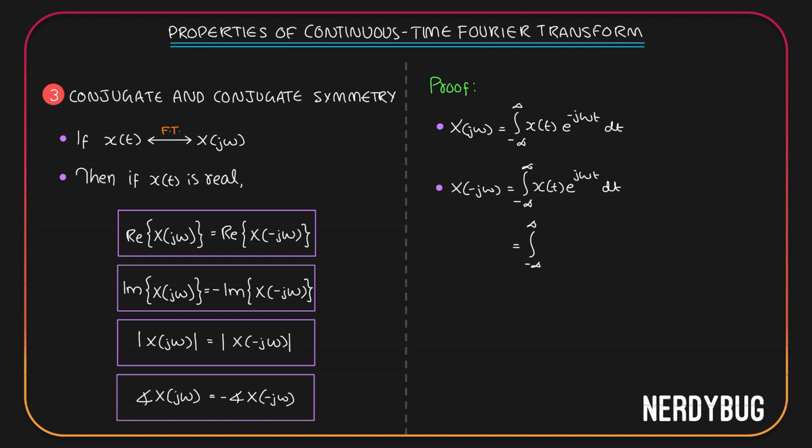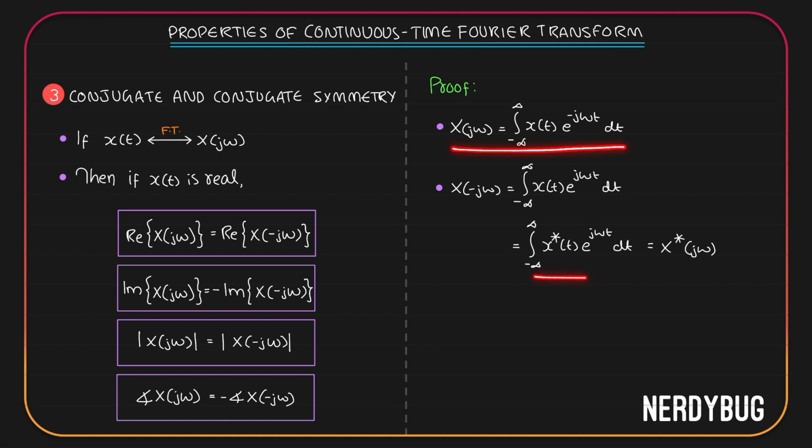Integral from minus infinity to infinity x conjugate of t e raised to j omega t dt. But comparing this equation with this equation, I can see I took the conjugate of x of t. I also took the conjugate of e raised to minus j omega t by changing minus j to j. So this is actually just X conjugate of, this is what we just proved before.